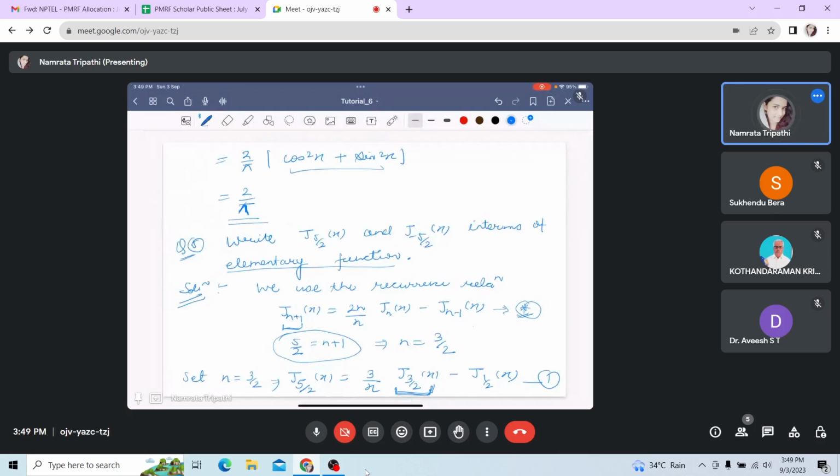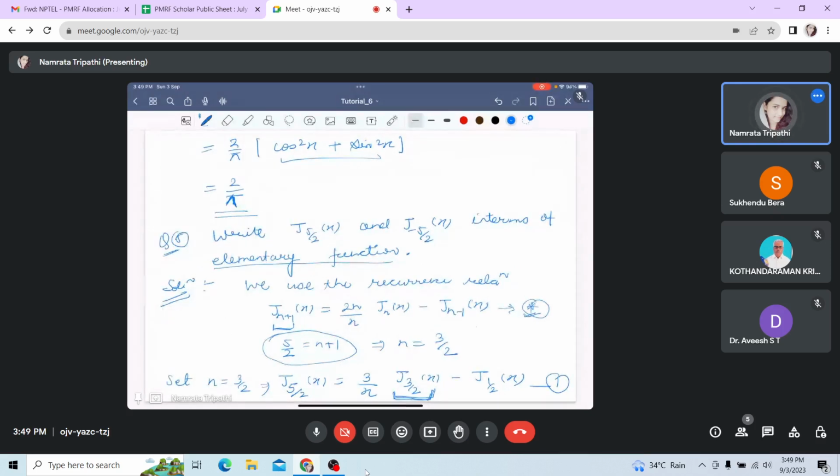You have to substitute n minus 1 by 2. If you substitute n is equals to 1 by 2, you will get 3 by 2.